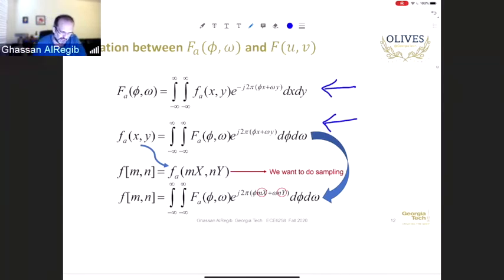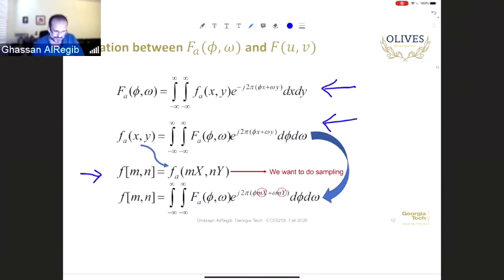And then in here, this equation determines the relationship in the spatial domain of how we can obtain the sample values in our digital signal f from the analog signal f_a using the sampling intervals, or the sampling period, capital X and capital Y. So capital X and capital Y are numbers defined for our sampling lattice in this case.